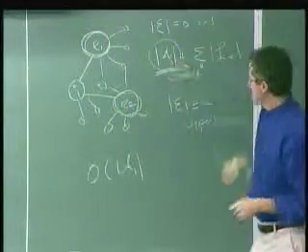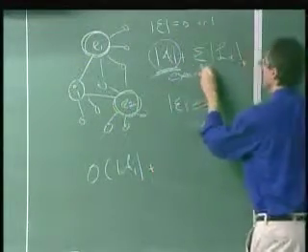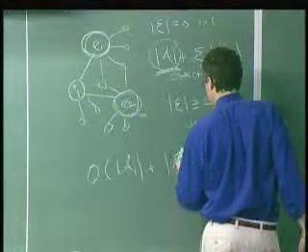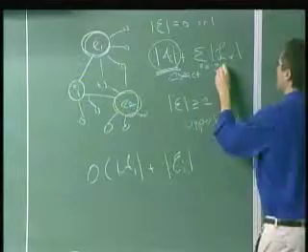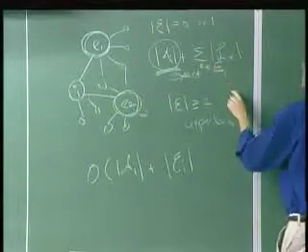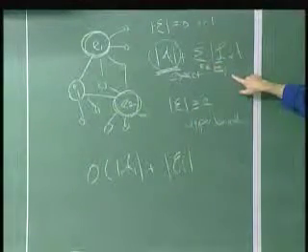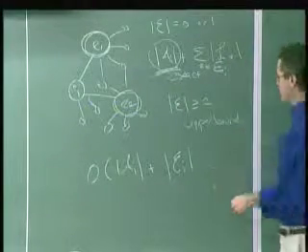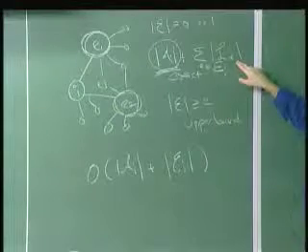And we're going to go through the element list as well here. This should be an E, a calligraphic E. We go through this list to sum this up, and that's the time it takes to compute this bound.